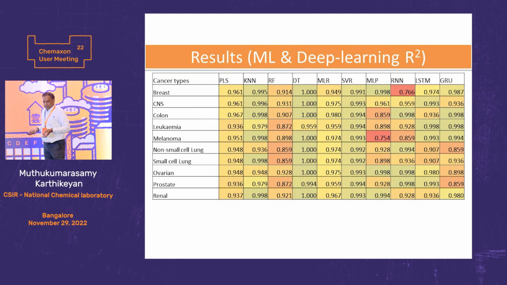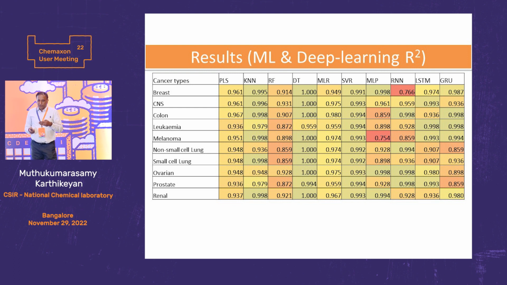This is the result, which is still in progress. When you see 0.9, 1.0, it is still evolving. That's why we have not published it. When you put in new data, the model changes, the prediction changes. We used all these basic statistical methods. We also used RNN, LSTM, GRU, etc.